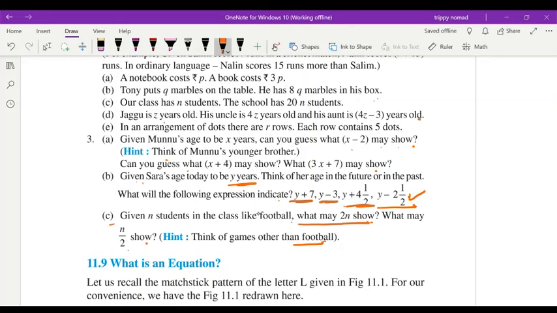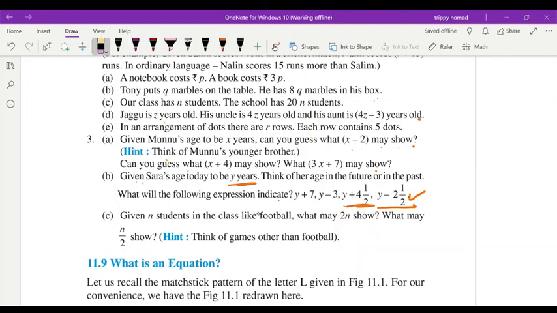Number of children who like badminton is twice the number of students who like football. Any other game you may also write. And what is n by 2? That means half of the children of that class like cricket or any other game. Chess you may write, tennis you may write. So this is the way you have to write in the form of ordinary statements.